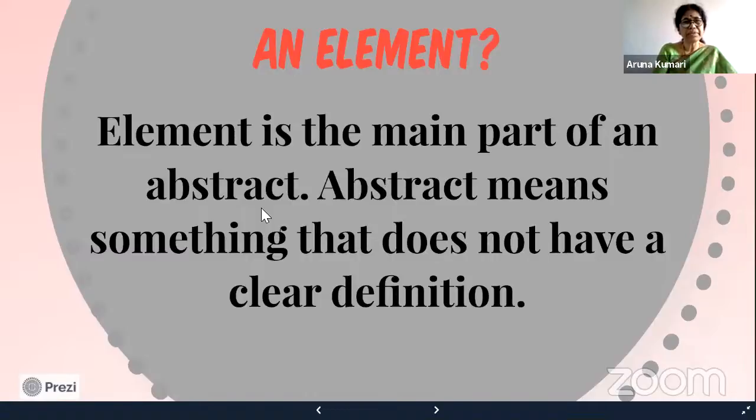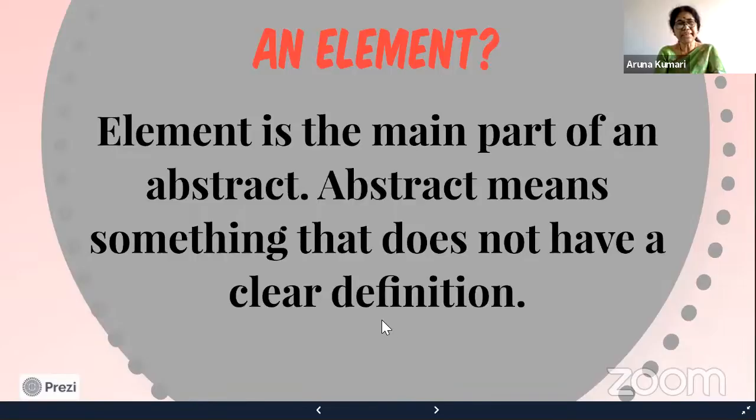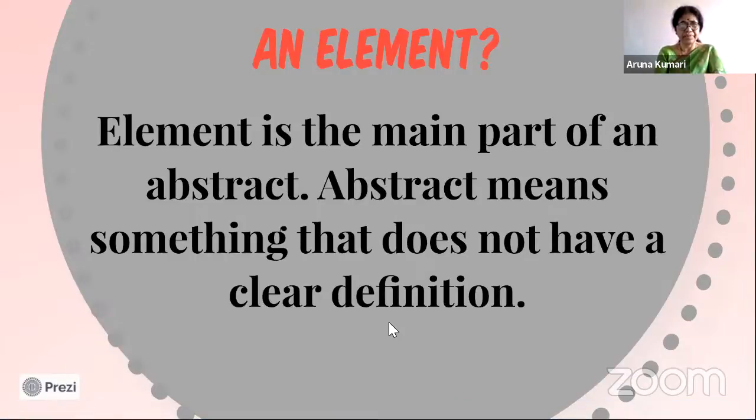Then what do you mean by abstract? Abstract means something that does not have a clear definition. See, element is the main part of an abstract, and coming to abstract, it is not having a clear definition.